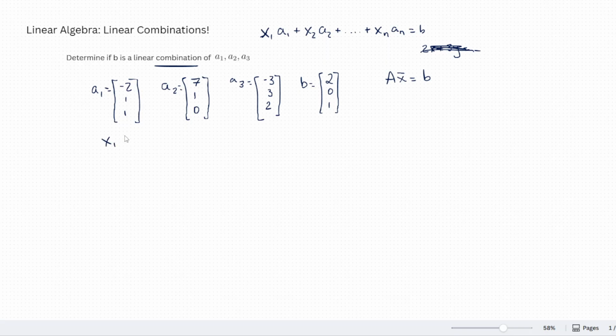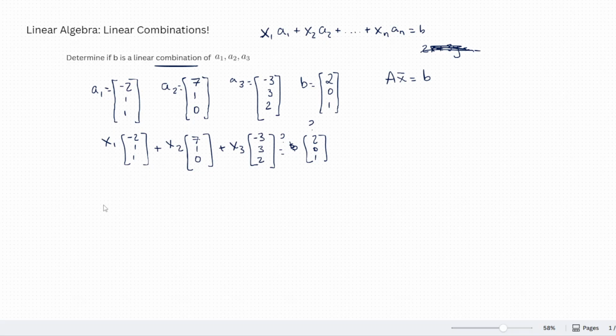So we have x1 times our a1 here of -2, 1, 1, plus x2 times a2, which is 7, 1, 0, plus x3 times a3, -3, 3, 2, and we're going to see, does this equal, question mark, our b value of 2, 0, 1.